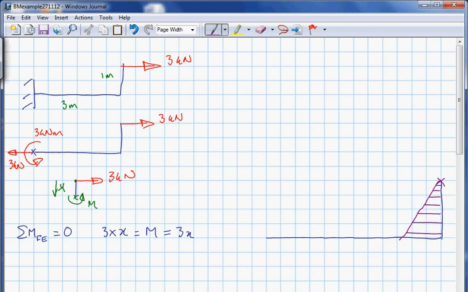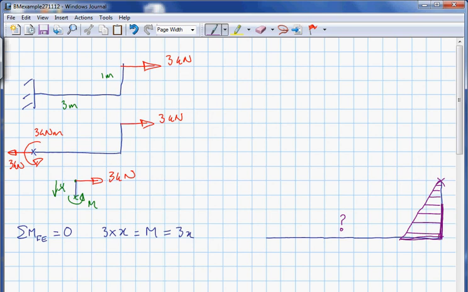Okay, so to fill in the gaps here, there's a question about what happens in here. Well, one thing that we'll learn from experience is that a moment of 3 at the bottom of the vertical bit has to transfer straight round into the right hand end of the horizontal bit. So that value there will also be 3.